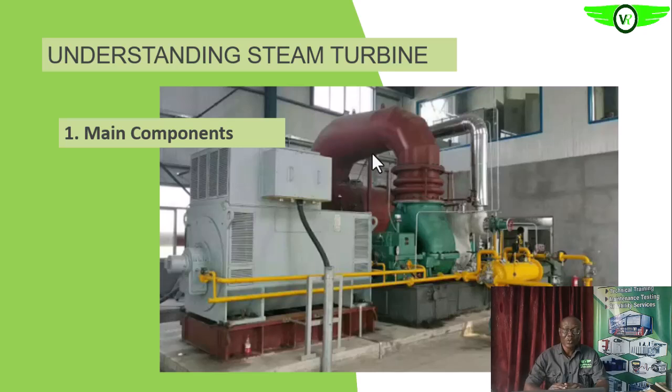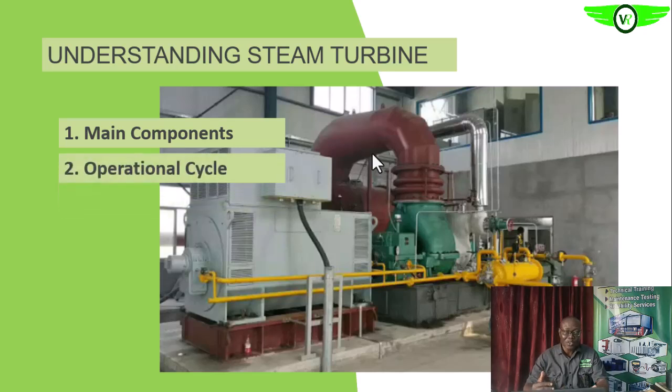So we are going to look at the main components of the steam turbine, the main ones basically. Then subsequently we will look at those auxiliary components that are needed for the proper operations of the steam turbine.